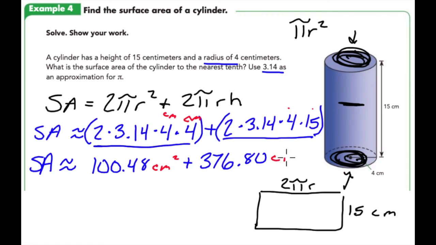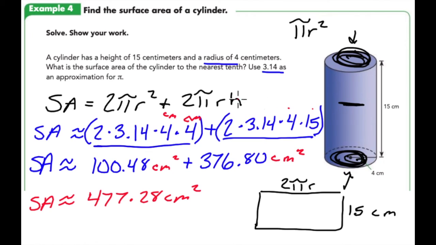So this is also centimeters squared. These are like terms, so we could add these at the end. Our surface area of this cylinder is approximately, when you add it up, 427.04 centimeters squared.